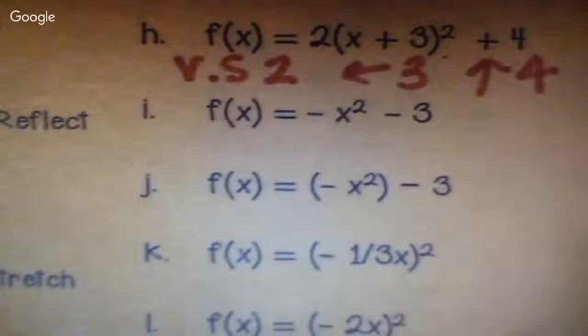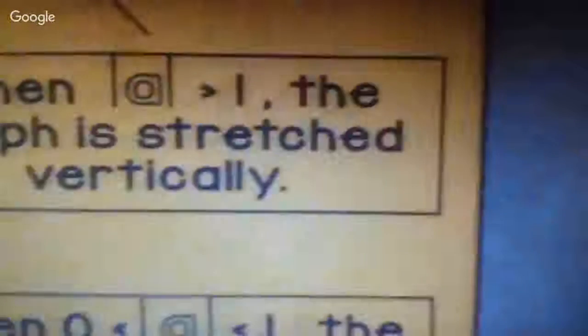How do we know if it's stretch or compression? If it's greater than 1, it's a stretch vertically, compression horizontally. If it's a fraction, it's a vertical compression, horizontal stretch. So you always want to refer back to this front page.